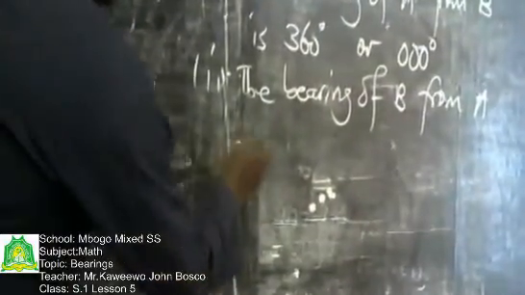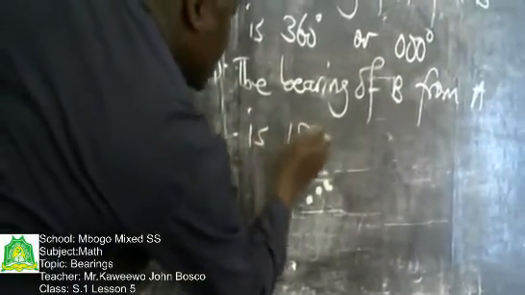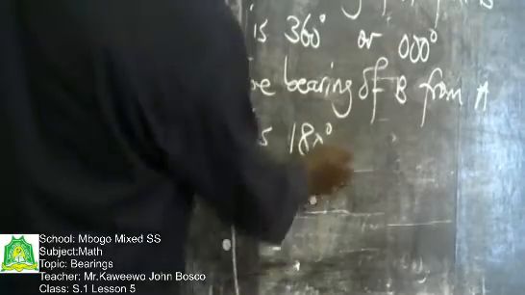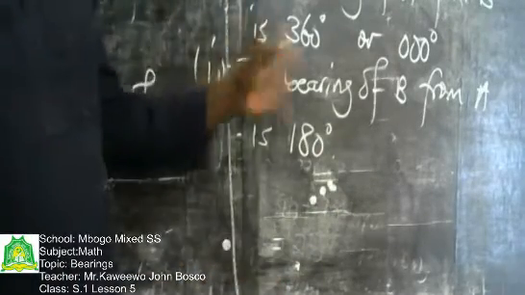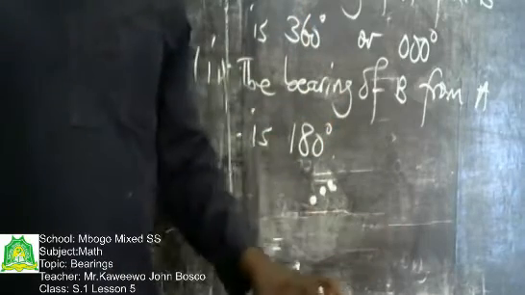So the bearing of B from A is 180 degrees. So please, whenever you have a sketch, you can use the sketch to state the direction.